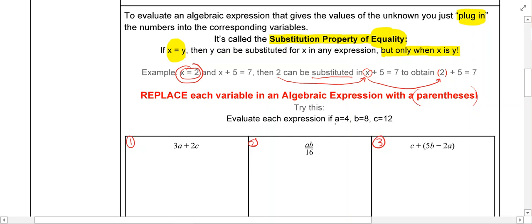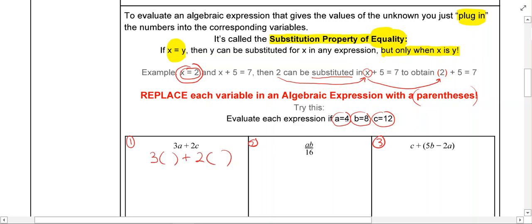Okay, try this. Evaluate each expression if A is 4, B is 8, and C is 12. Those are the givens. Okay, those are true. So let's start. 3 times A plus 2 times C. So we write it like this, 3 parentheses plus 2 parentheses. A, we need A. What was the substitution property of equality for A?